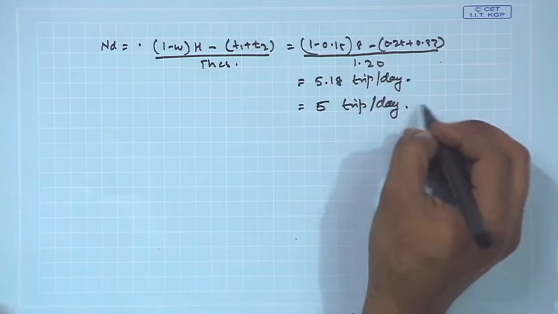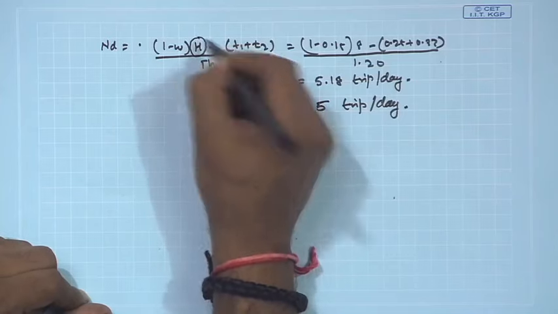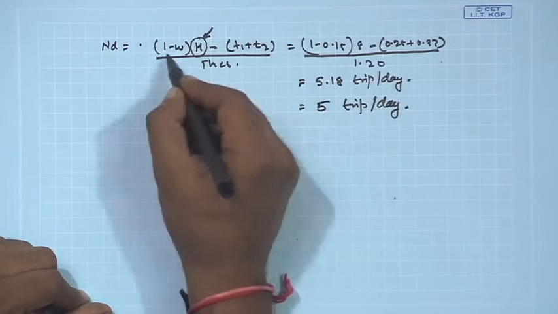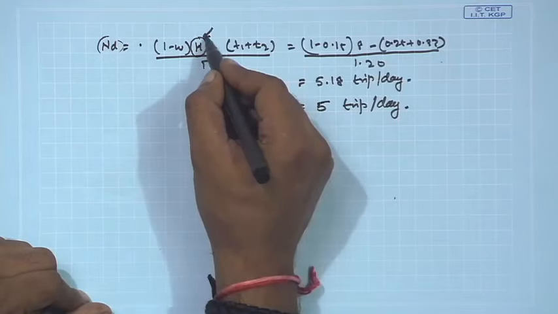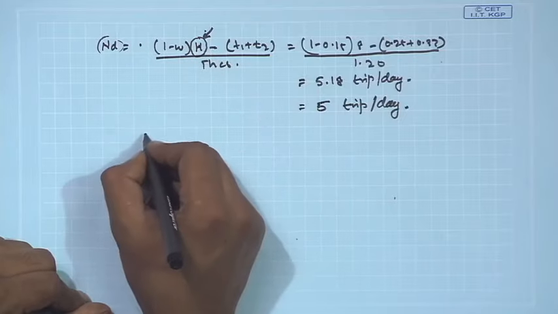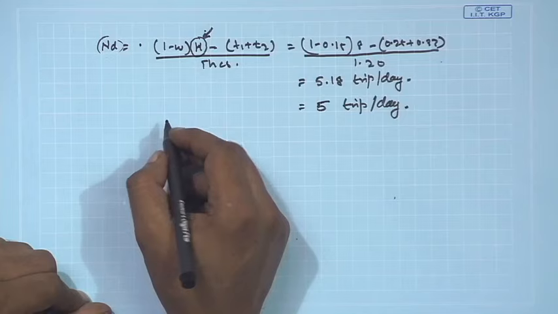In the second part of the question, we are told, using this value, to find the actual work day length. So we are being asked to find the value of H here. Initially we knew all these values and we found this value. Now we know this value, and they ask us to find the value of H. So just rearrange this, it is more like proving that H is near to 8 hour, that is given in the first question.